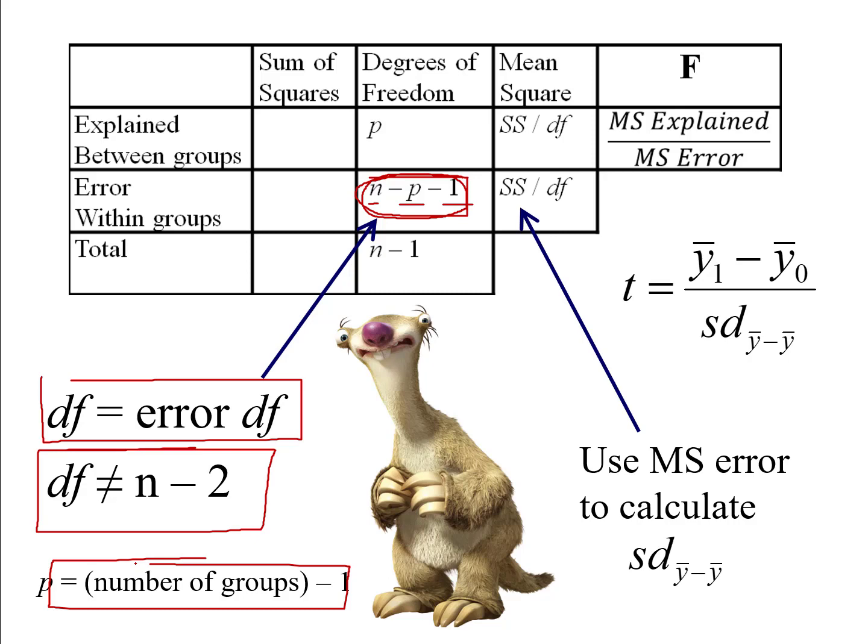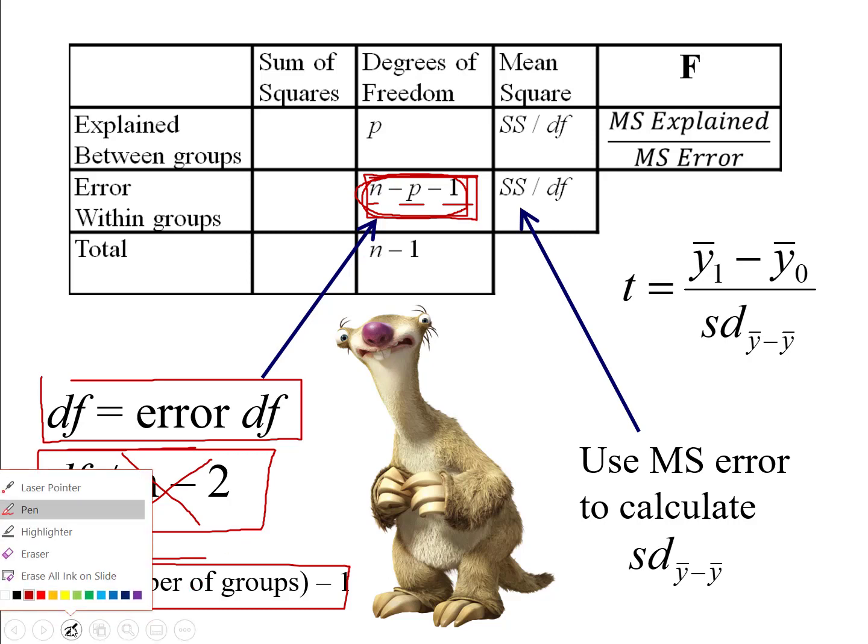Or, as we saw in the previous unit when we were doing orthogonal contrasts, p is equal to the number of predictors you would use if you're doing the orthogonal contrast approach. So we no longer use n minus 2 as our degrees of freedom, and instead we use the error degrees of freedom from the ANOVA table, which is equal to n minus p minus 1. So that's one change we need to make.